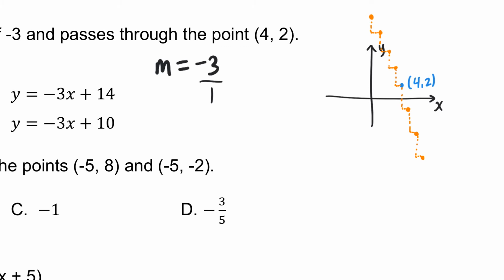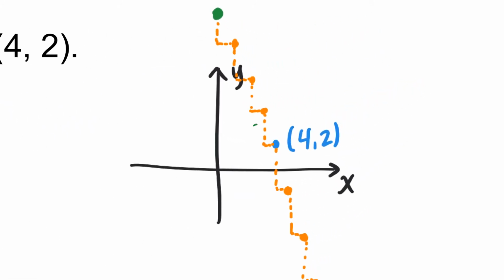So the question is, what's the y value of that green point up there? How high is that? The way that you're going to know is you just know that you went up 3 every time you went over 1. So how much did you climb to get from this point up to this green point? You had to climb 3, 6, 9, 12 to get there.